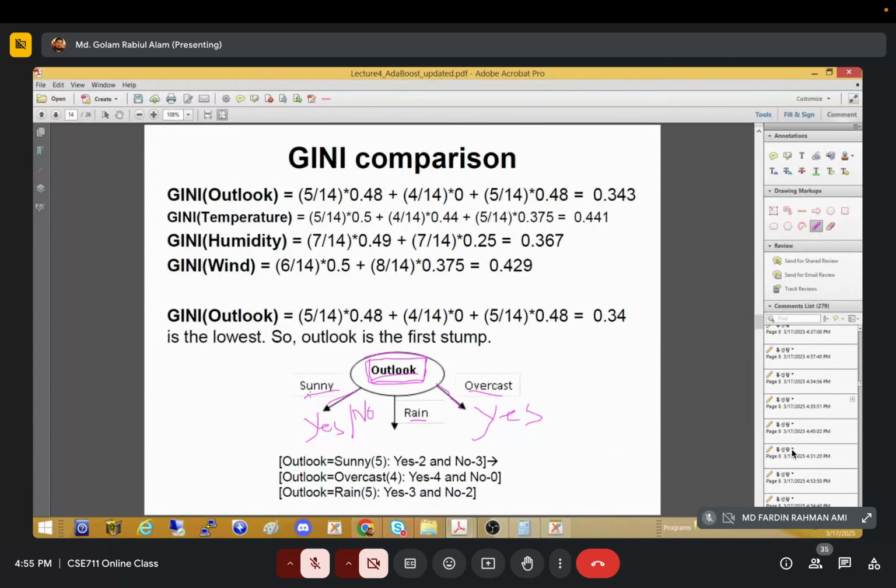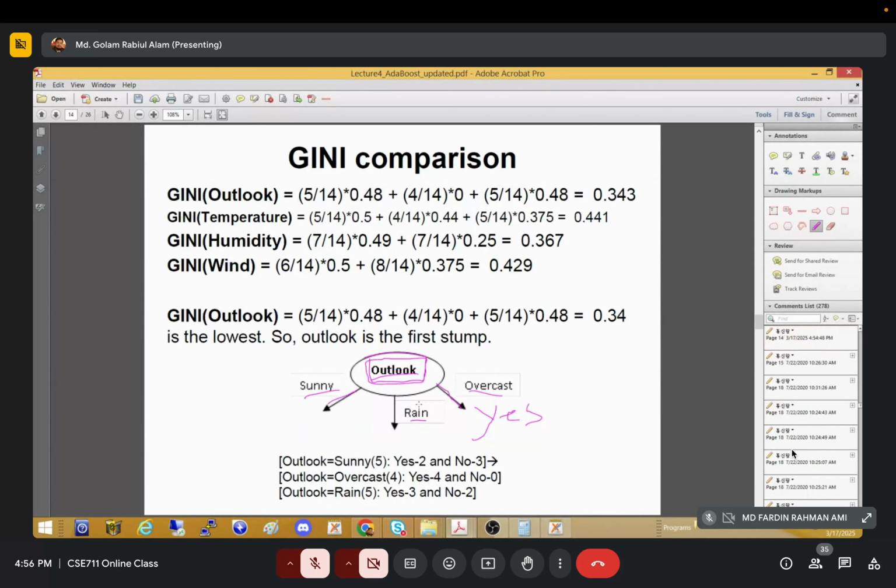Usually we could think about some other parameters to make the final decision. But in case of AdaBoost, we have to consider a stump, which has only one node at the parent, and the others will be just leaf nodes. So at this stage we must make a yes or no decision.